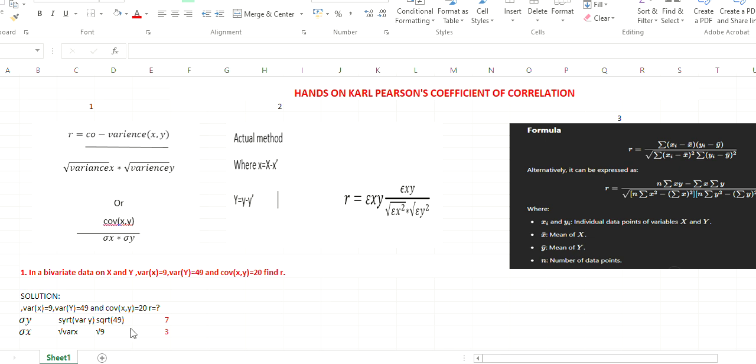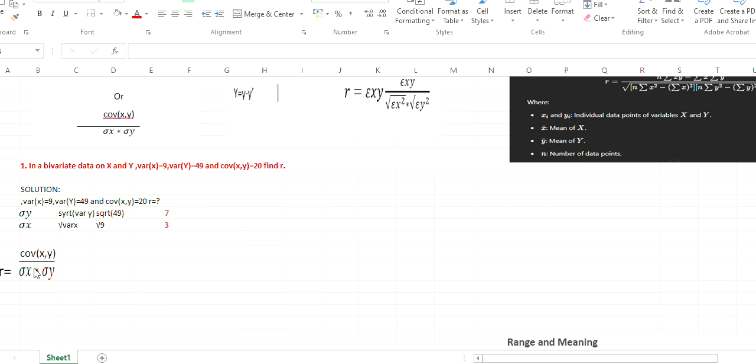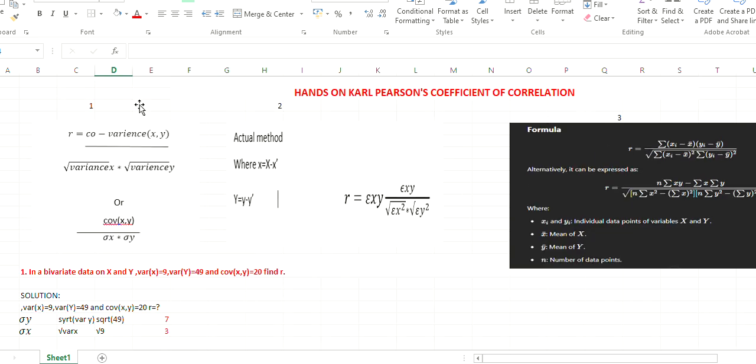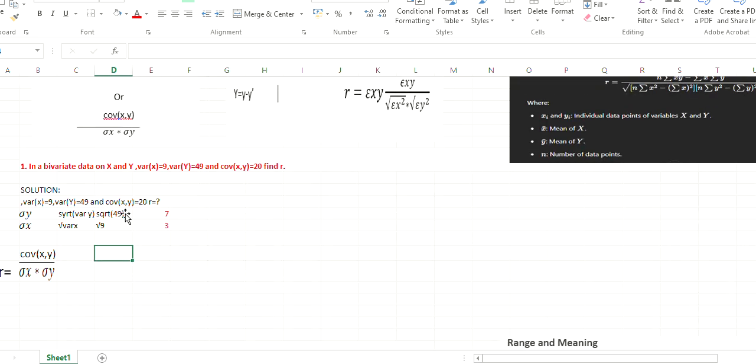We have calculated both. After calculating, substitute into the formula. What is this formula? Directly copy the formula. The variance is given, so use this formula. Either you can use this or you can use this; both are the same. I am using formula number 1 because the variance is given.